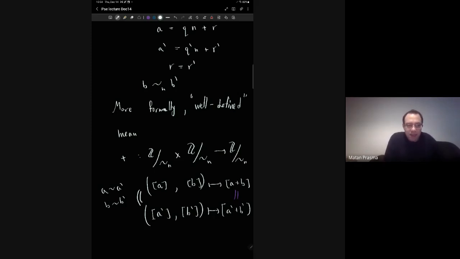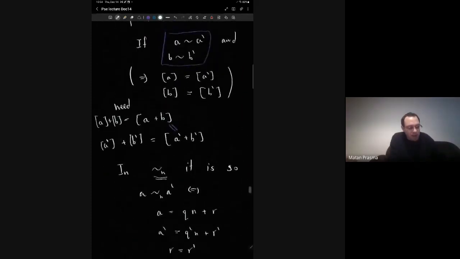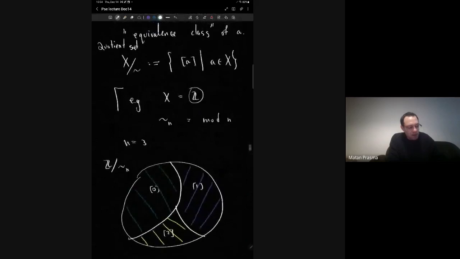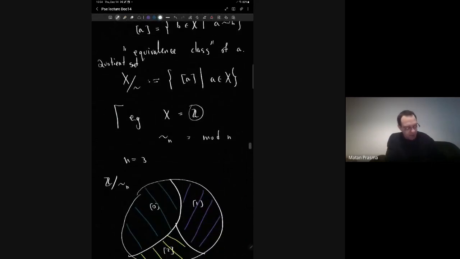Is it clear? This is an important point, and we will use it later on. So what I'm saying here is the particular example of modulo n, and you can think later of modulo phi.